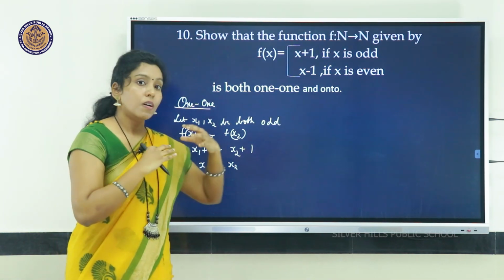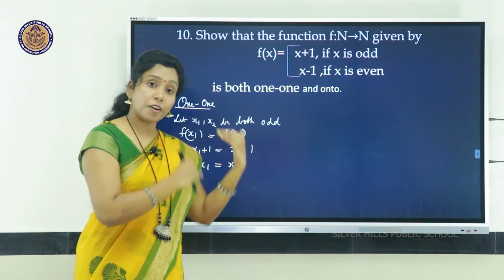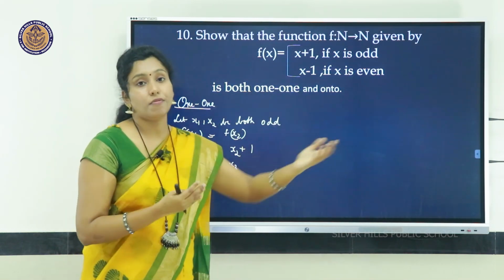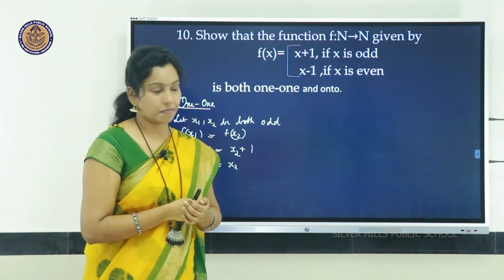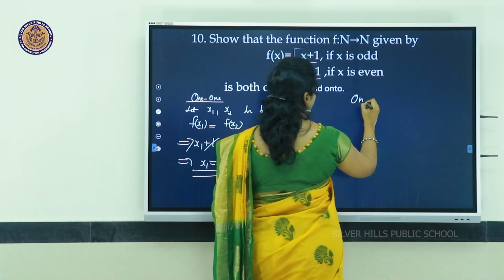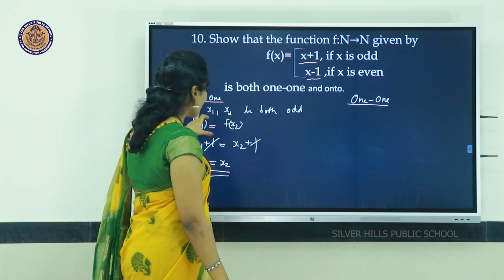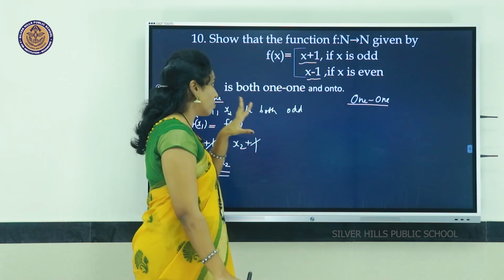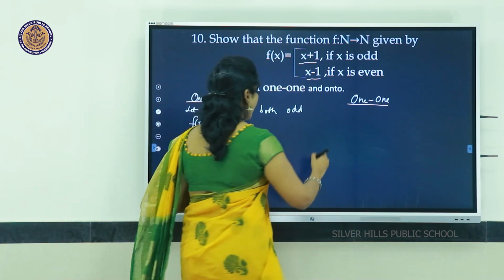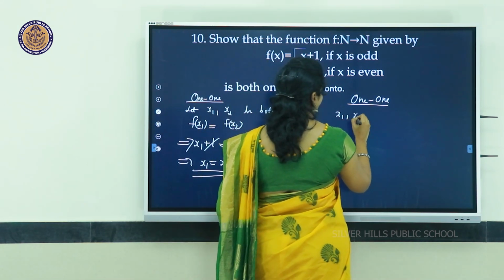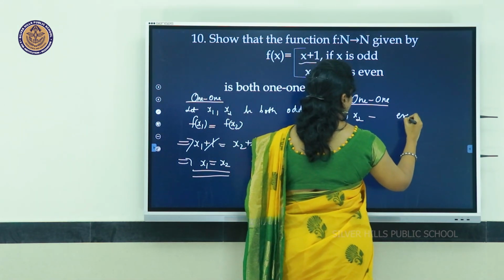That means different odd numbers go to different members on the right side. So now here we took x1 and x2 as odd. So let x1, x2 be both even numbers.